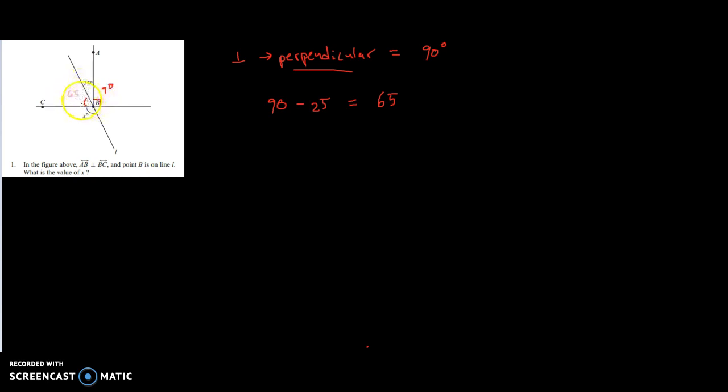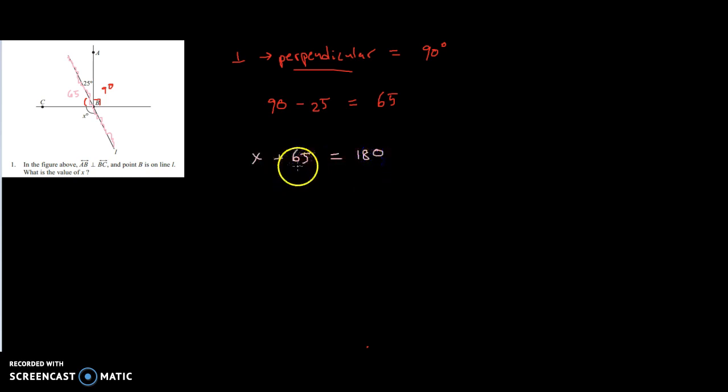Pause the video if that didn't make sense to you. Now that we know that this is 65, notice we have a straight line right here. And the straight line is made up of 2 different angles. We have 65 degrees and the x. Well, we know that a straight line has to be 180 degrees. So really what we have is x plus 65 has to be 180.